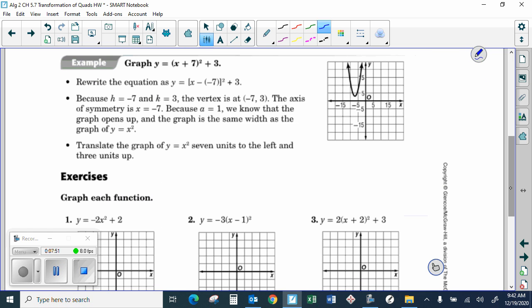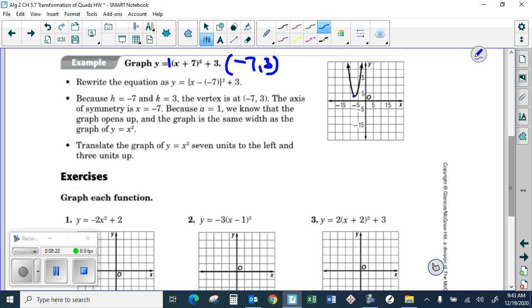So graph this. There's my vertex, opposite same, so -7, 3. -7, 3 is right there. And it's a normal y equals x squared. So that means right 1, up 1, left 1, up 1, right 2, up 4, left 2, up 4. So here we're just doing more graphing.